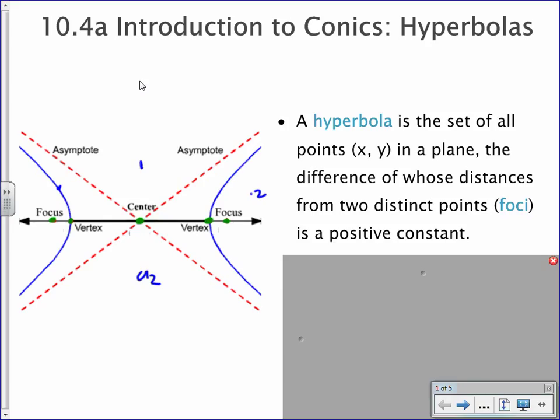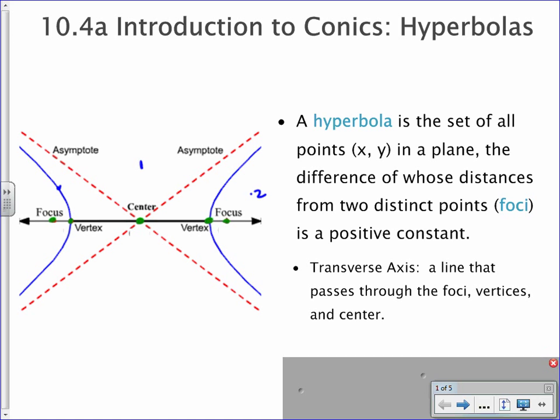Now, when we talked about ellipses, we talked about a major axis and a minor axis. When we talk about a hyperbola, what we think of as the major axis in an ellipse, your book is going to call the transverse axis. So on an ellipse, our vertices and foci lie on the major axis.